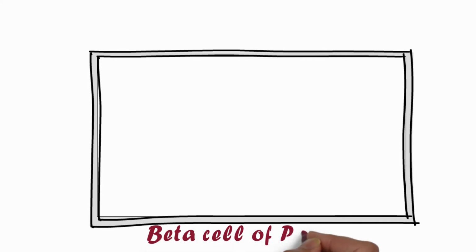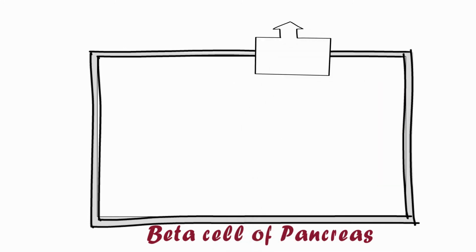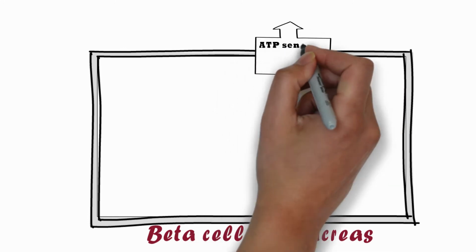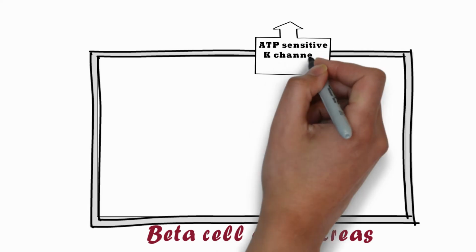Now let us look at how these insulin secretagogues act. The beta cell of pancreas has an ATP sensitive potassium channel which transports potassium out from the beta cells.